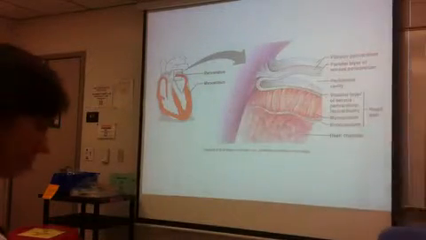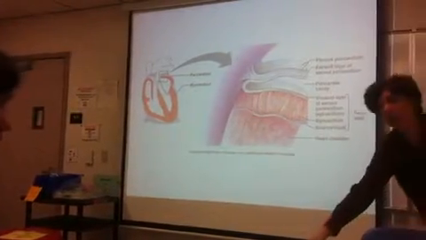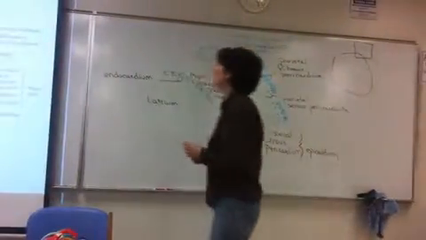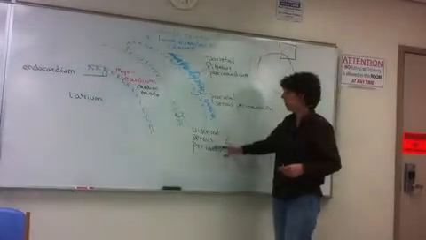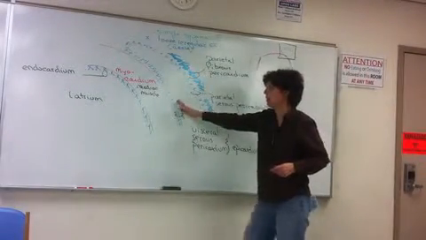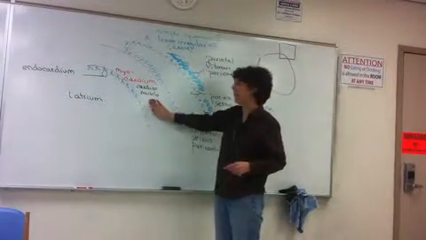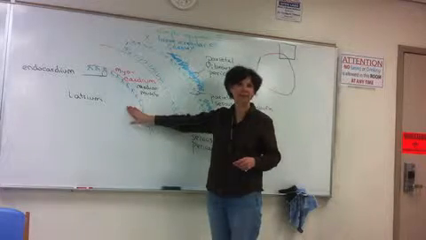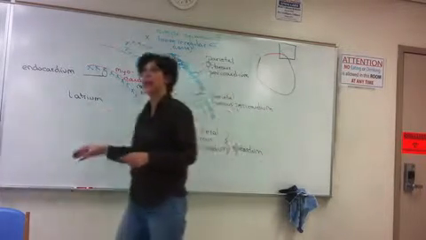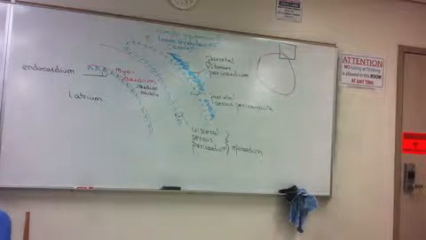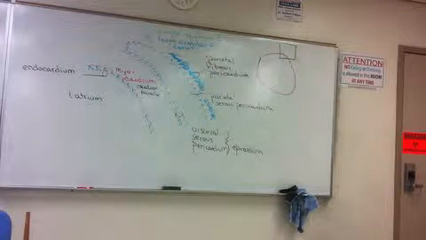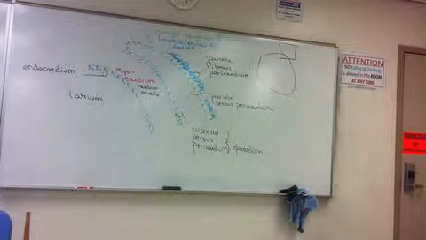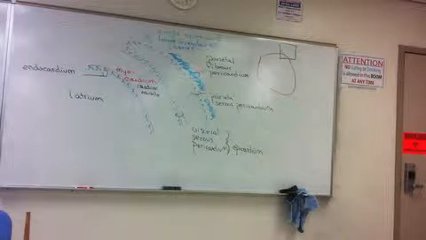So we have then the three layers of the heart wall itself would be the epicardium, or the visceral serous pericardium, the myocardium, and the endocardium. Blood would be in contact with the endocardium, and serous fluid in contact with both the visceral serous and the parietal serous pericardium.